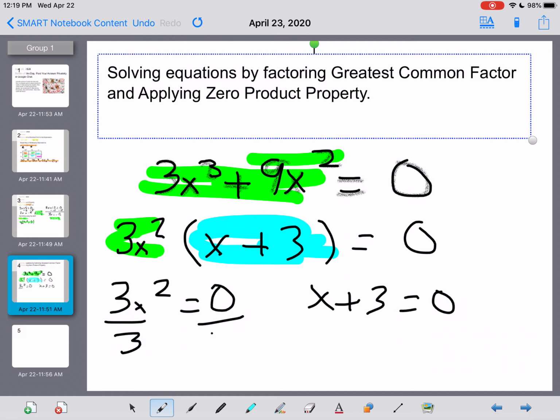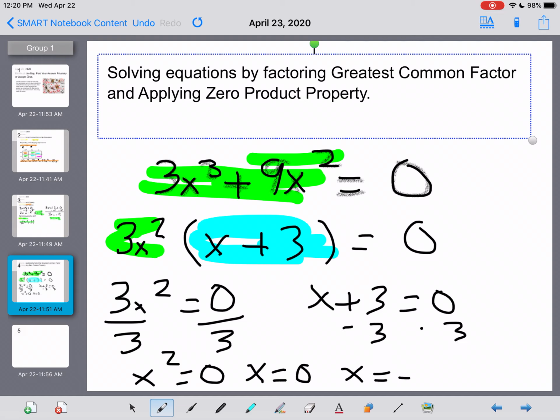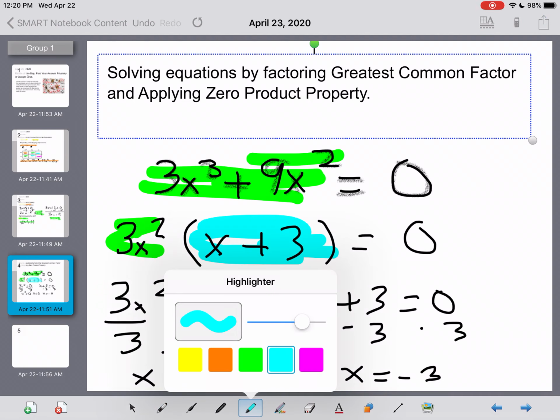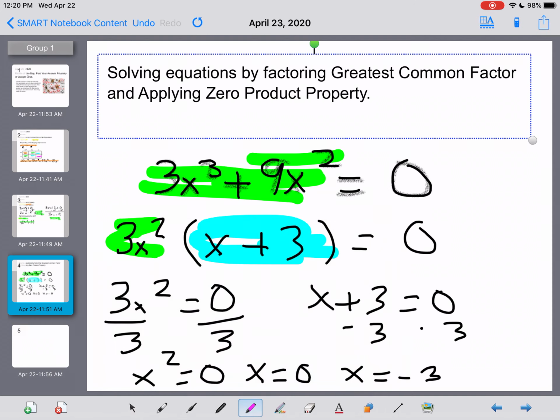Divide by 3, I have x squared equals 0. What times itself equals 0? That's 0. x equals 0. And on this side, x equals negative 3. So my solution here is x equals 0 and/or x equals negative 3.